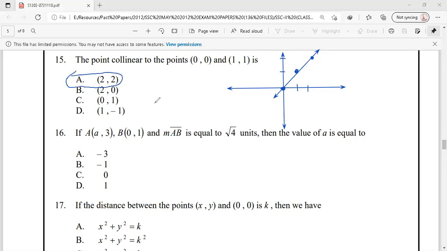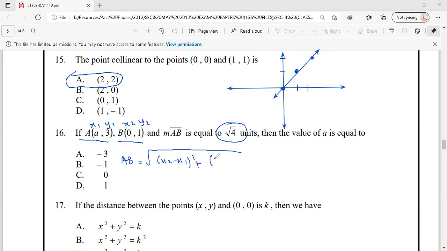Then we have question number 16, in which we have 2 points A and D, and the distance between them is square root 4. We have to find the value of a. So let's say this is x1, y1, x2, y2. The distance formula between these 2 points is the square root of x2 minus x1 whole square plus y2 minus y1 whole square.